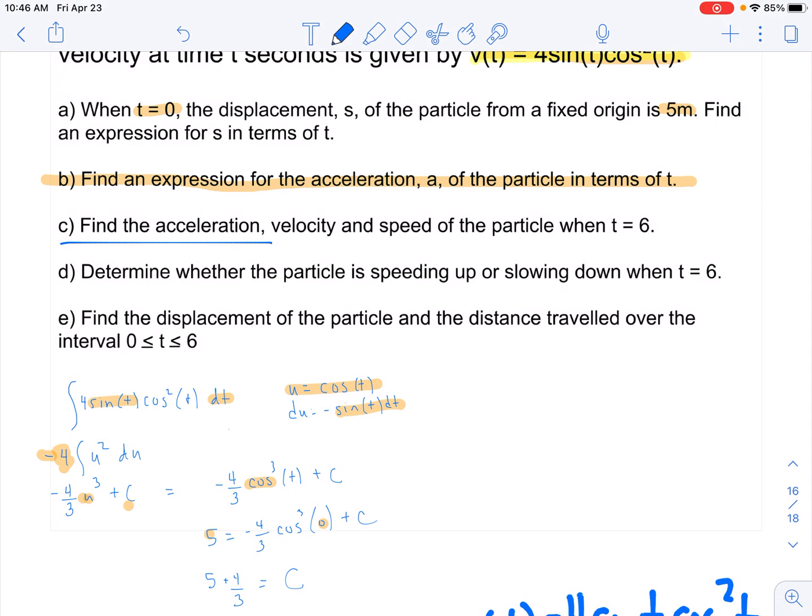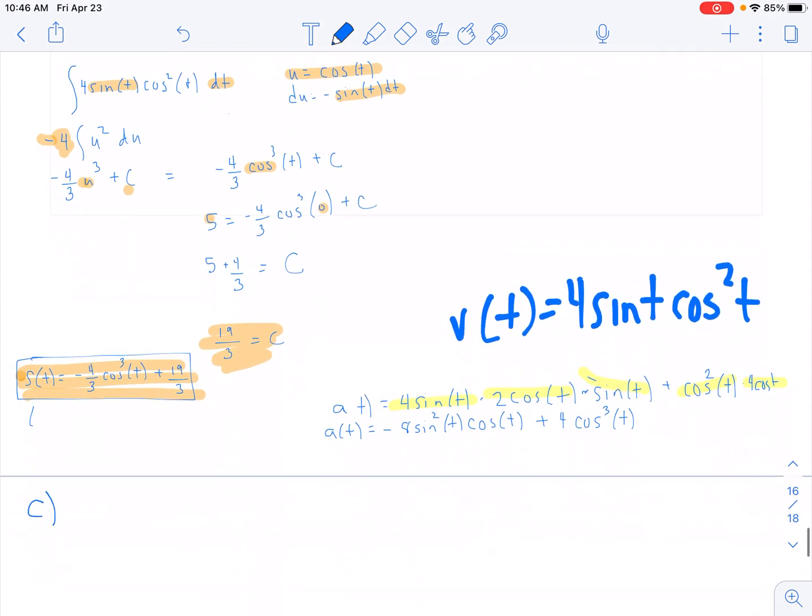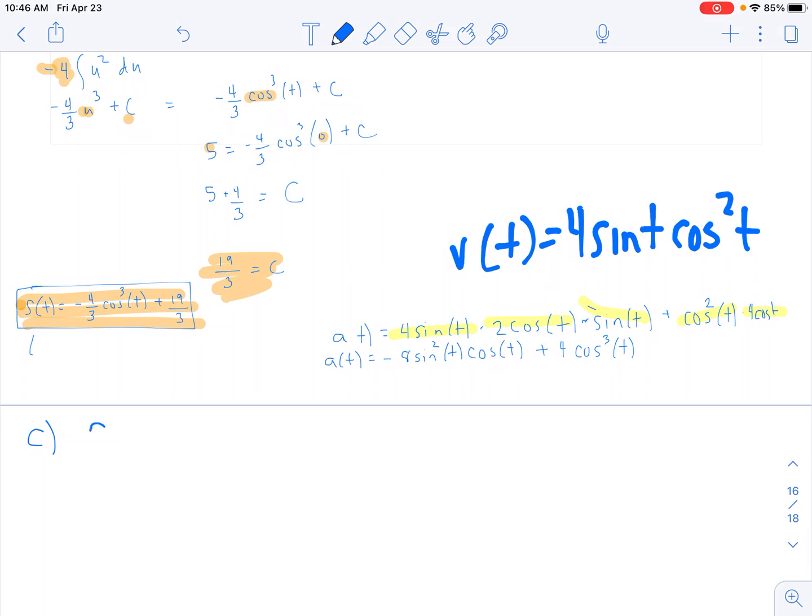Find the acceleration, velocity, and position when time equals 6. So for part C, we need to find s of 6, v of 6, and a of 6.